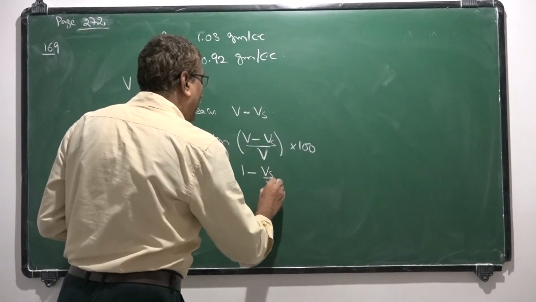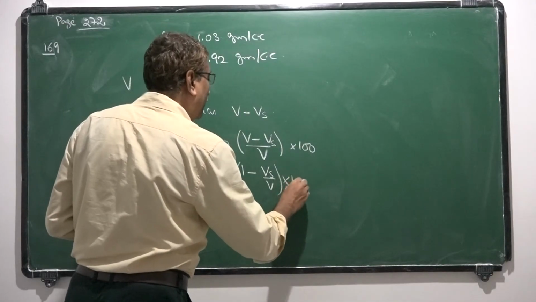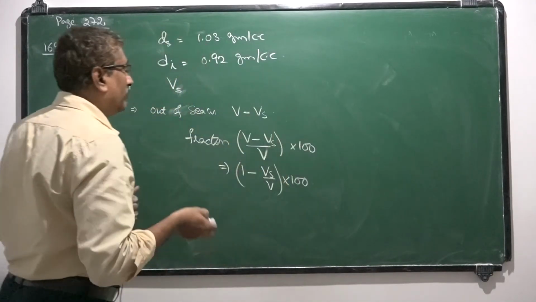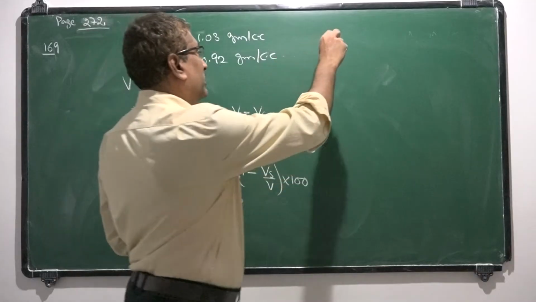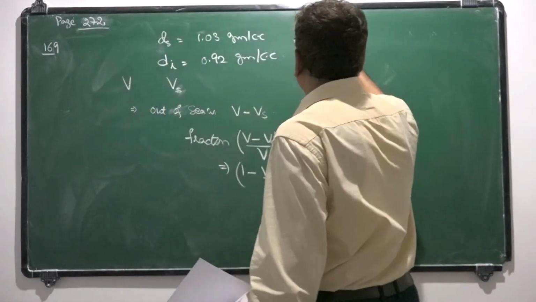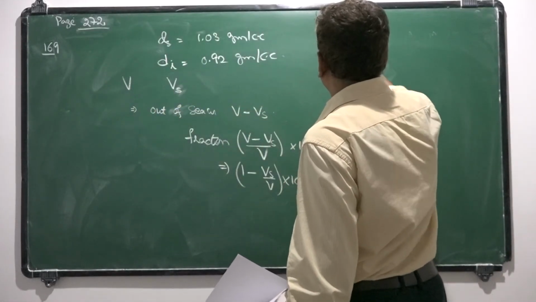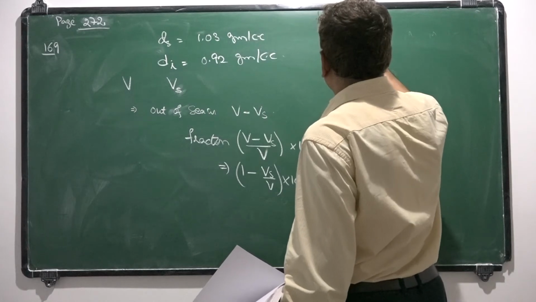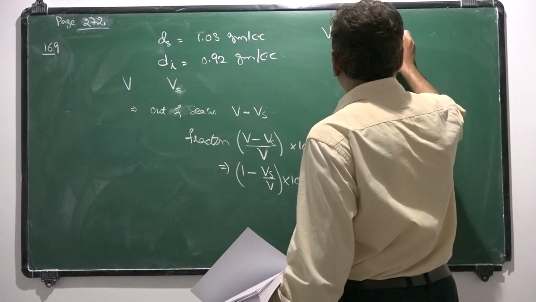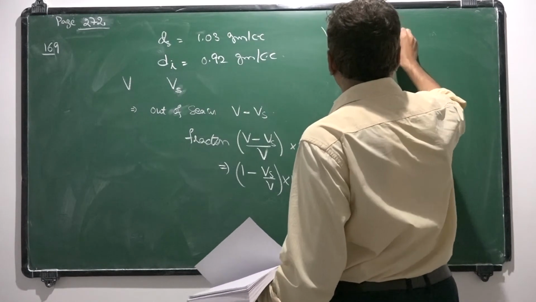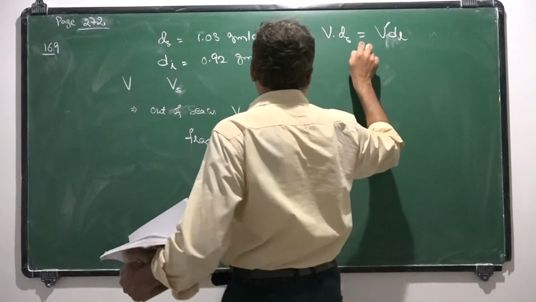So Vs by V into 100. But we have the condition that volume of the solid body into density of the solid body is equal to volume inside, V dash, into density of the liquid. We have applied this condition.